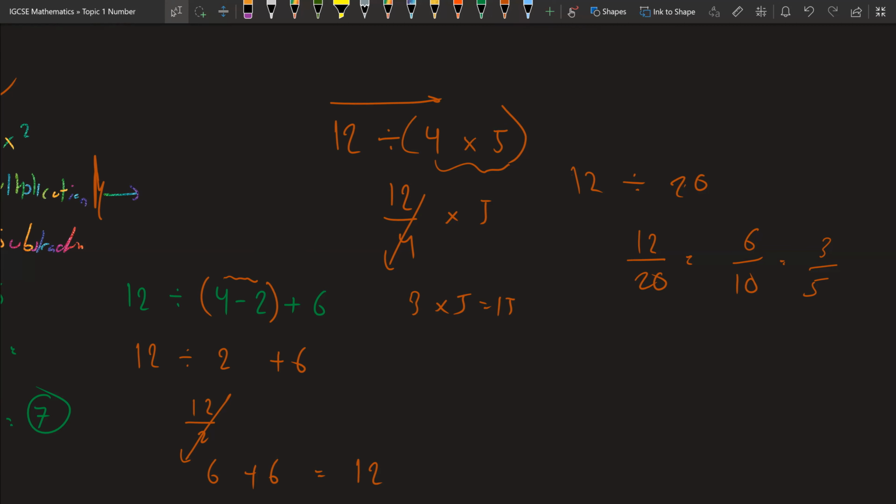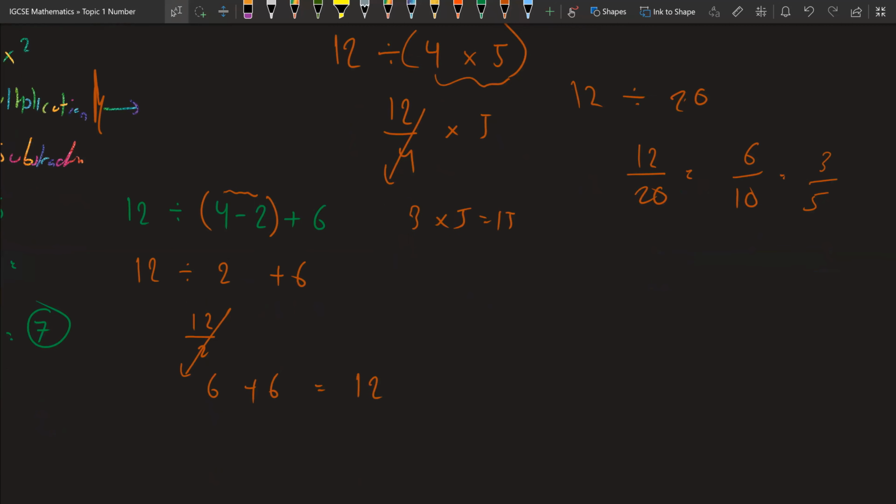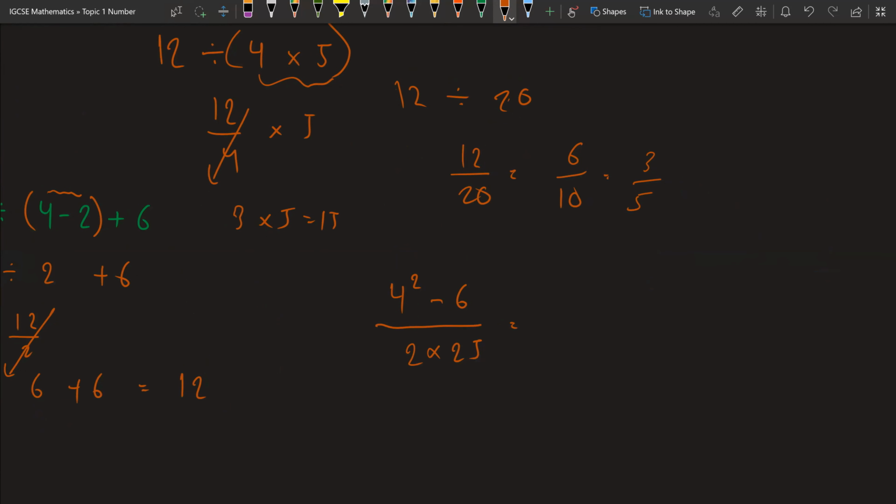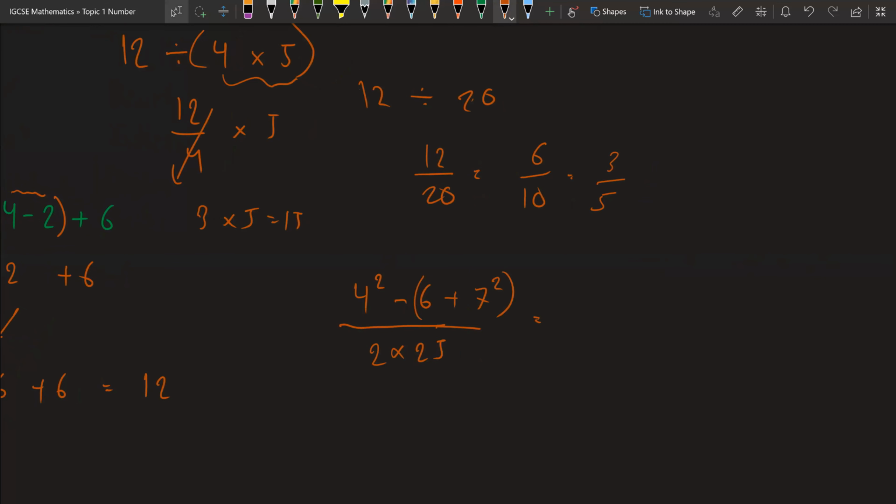Let me give you another one. Let's say 4 squared minus 6, divided by 2 times 25. So the brackets here. Oh, wait. Plus 7 squared. So we do what's inside the bracket first. So 4 squared minus 6 plus 7 squared is 6 plus 49.